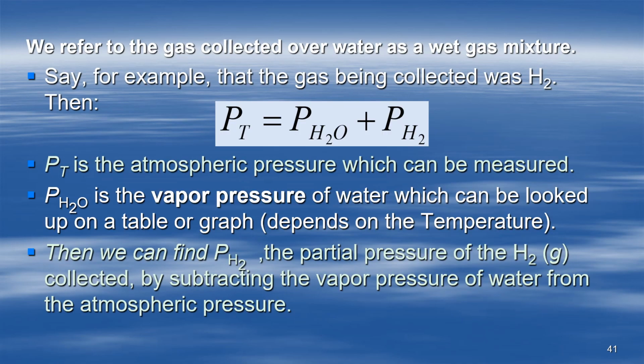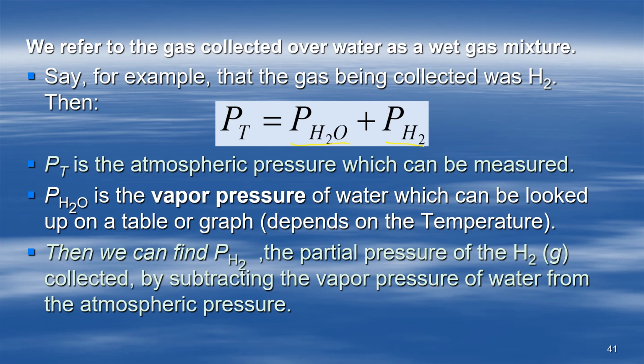The total pressure inside that container is equal to the pressure of the gas that we're trying to collect plus the pressure of the water vapor. So let's say we're collecting hydrogen gas, then the total pressure inside that system would have both of those. If we know the atmospheric pressure, that's going to be equal to PT if you make sure that the volumes are equal.